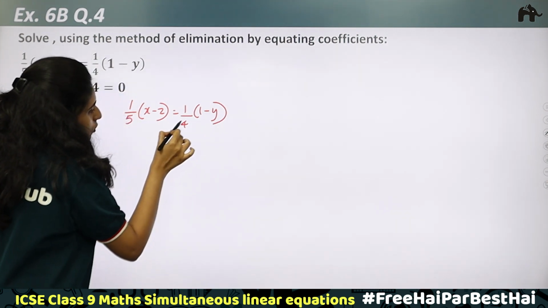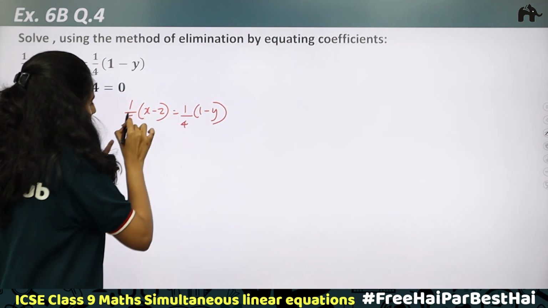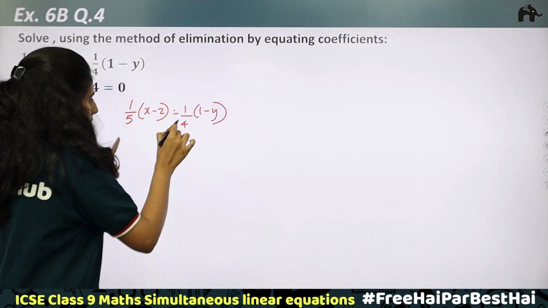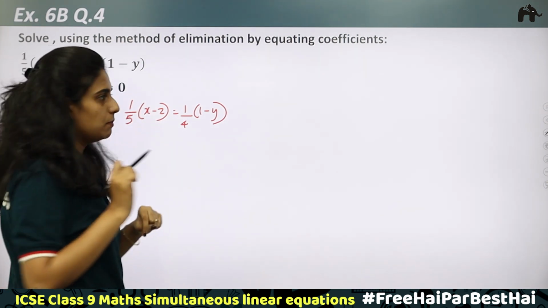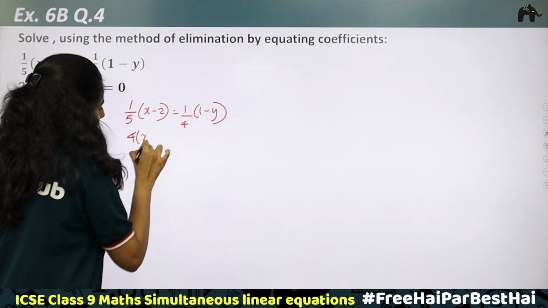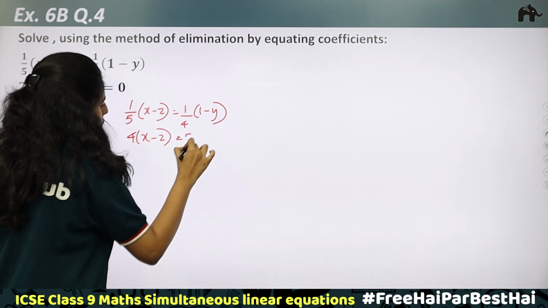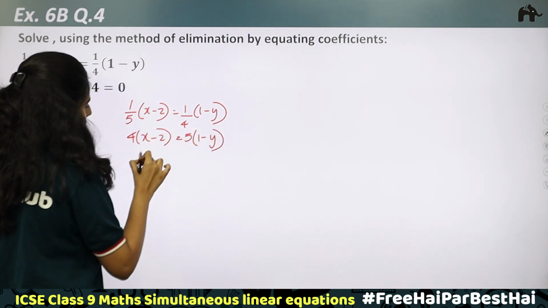For that, 4 is taken to the left hand side and 5 is taken to the right hand side. So here we have division, it becomes multiplication. 4 into x minus 2 is equal to 5 into 1 minus y.